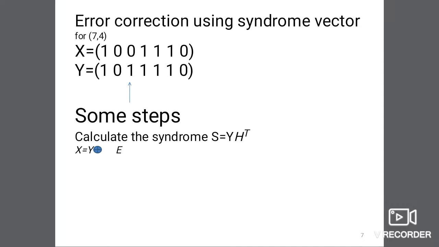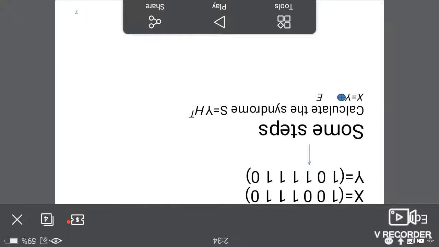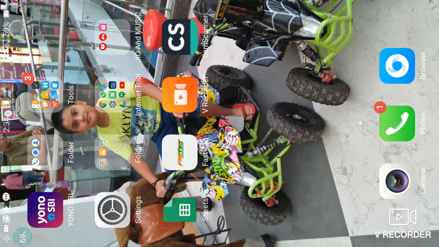Here we can determine e, and obtain the correct vector by x equal to y plus e. Then we can detect or correct the error by syndrome decoding. It is very simple.